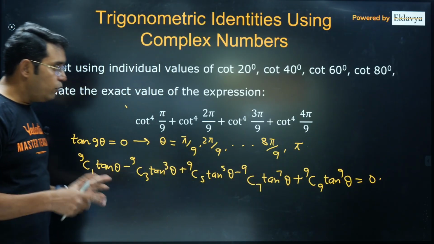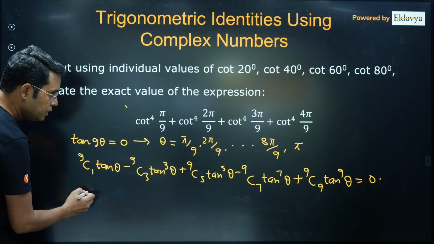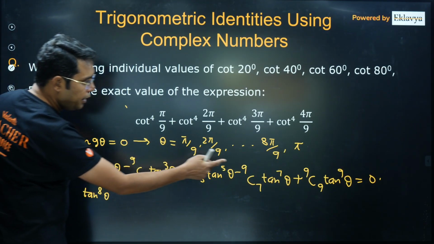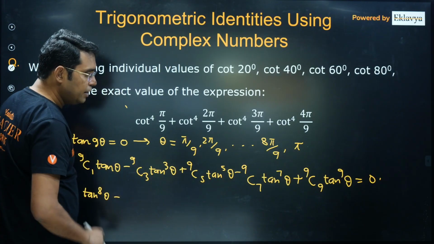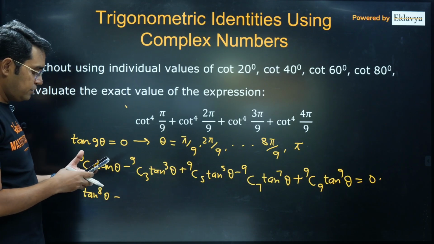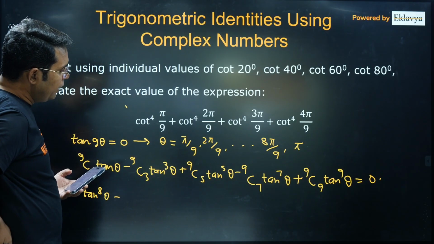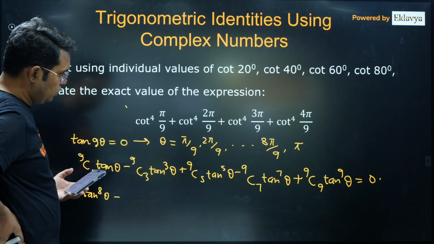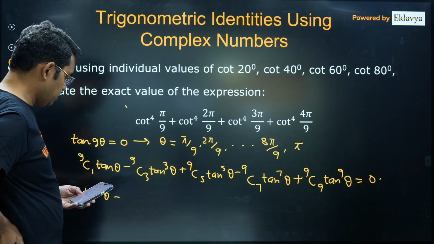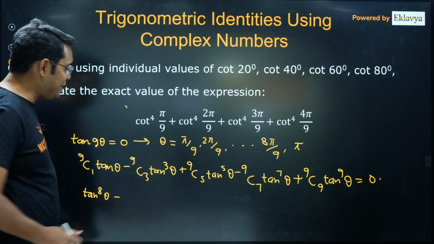So if I remove tan theta, let me write those things first here. That will be tan power 8 theta, and then minus 9c7. 9c7 is how much? 9 into 8 upon 2, I think 24 if I'm not wrong. Let me just check. 9 into 8, how much? 72 upon 2 factorial. Sorry, 72 by 2 is 36.